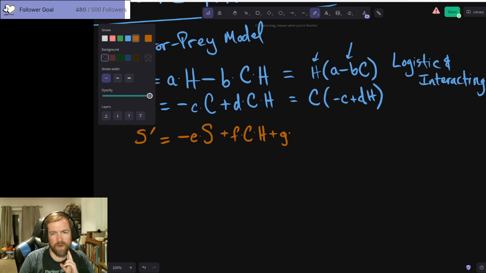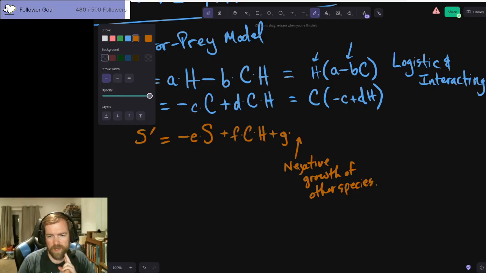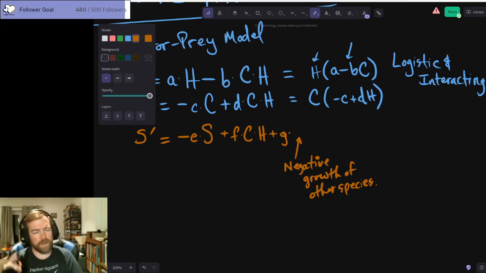So I don't remember exactly how I did it, but I added a term that meant that if it ends up with a negative growth of the other species, then it ends up growing the scavenger species.